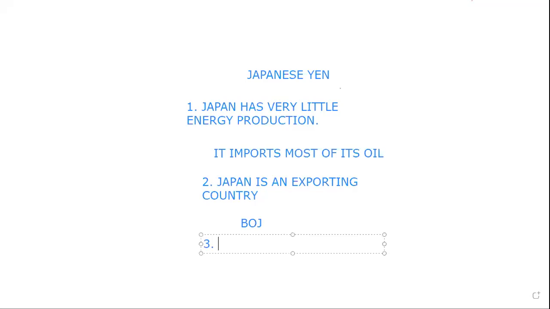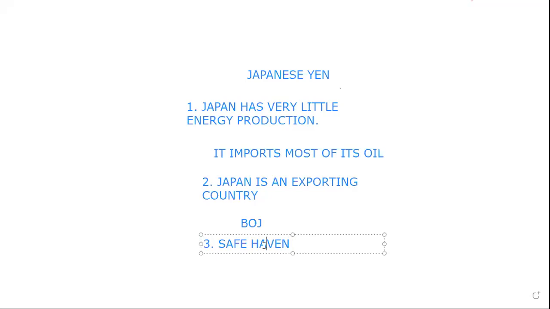Number 3, the Japanese yen is looked at as a safe haven. What does that mean? When we say something is a safe haven. Now, whenever a particular country is undergoing political instability, okay, the Japanese yen seems to rise.